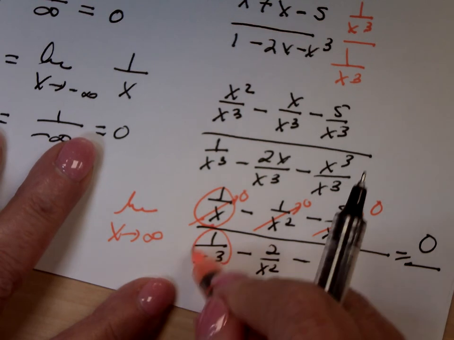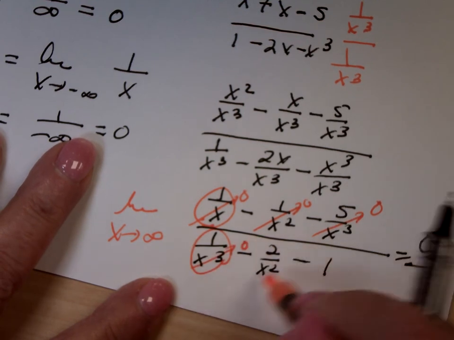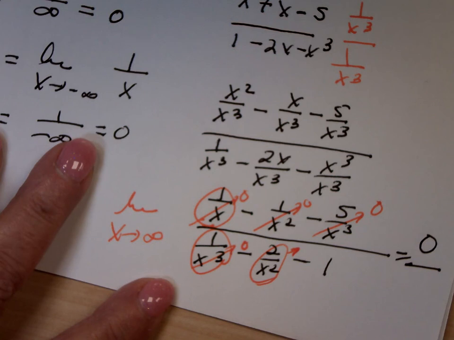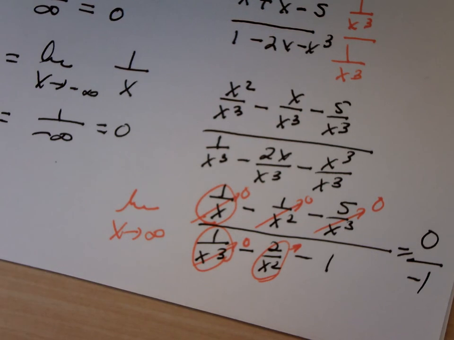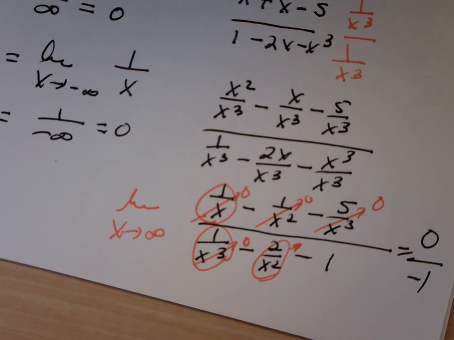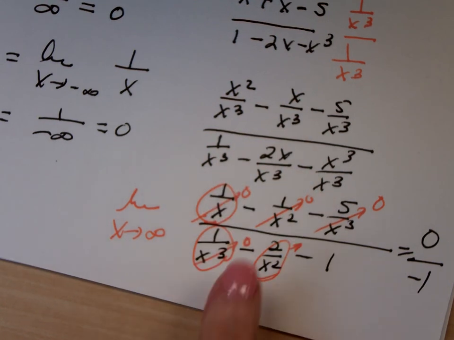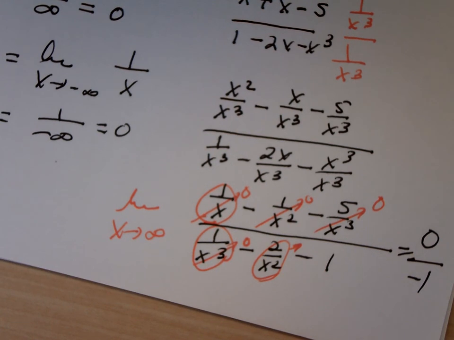And in the denominator, this guy goes to negative 1. You've got 0 over negative 1, or 0. I'd rather use the model because who's in control in the end are the two highest powers. And that takes this whole messy thing out of the way. If you want to do it that way, I am fine with that. That is traditional. That's the way I learned how to do it. To me, I'm too lazy.